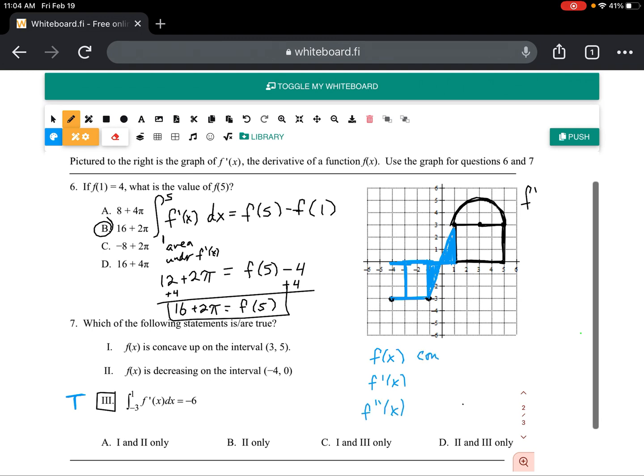If f of x is concave up, that means that f double prime is positive. Now let's think about this. f double prime is the slopes of f. So if f prime has positive slopes, that means that f prime has to be increasing. This is all for number 1 here.